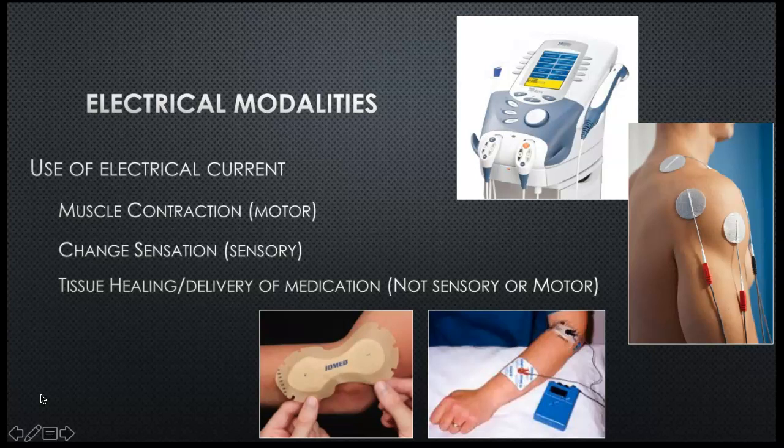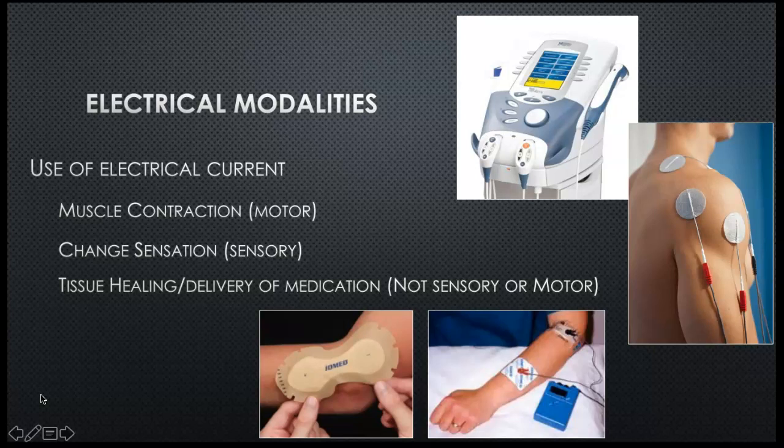It's using some sort of electrical current, and we use it for three major things. We use it to try to make muscles contract, right? That's a motor response. We try to use it for sensory reasons. We're trying to change sensation, such as for controlling pain. And we might also use it for tissue healing.